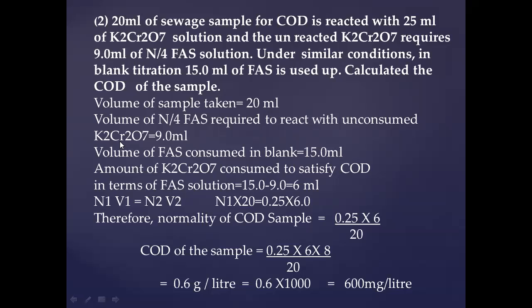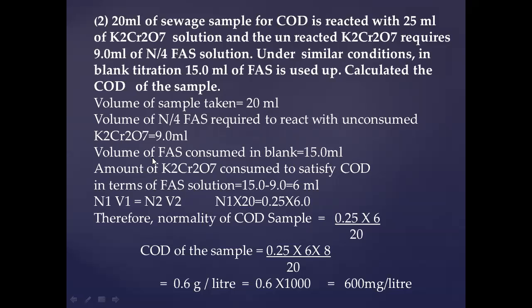So the first thing is the volume of sample taken. It is 20 ml. Then volume of FAS. First we are supposed to see the normality. N/4 in the sense normality is going to be 0.25. Normality of FAS is equal to 0.25. Then the volume of FAS consumed in case of the sample titration is 9 ml.